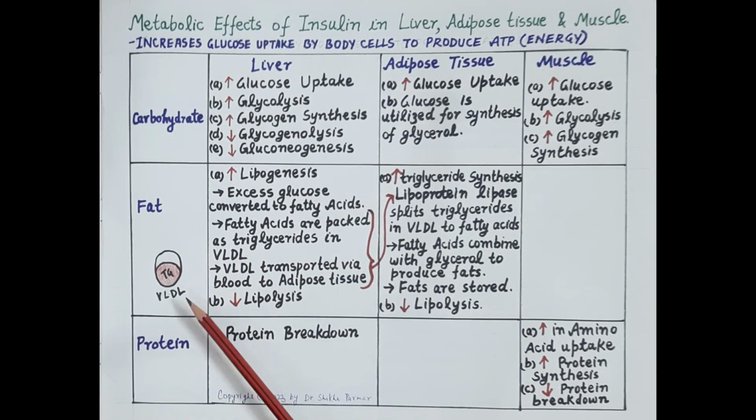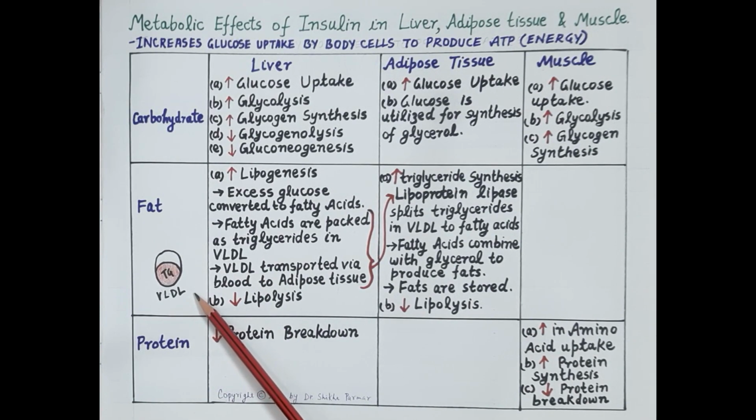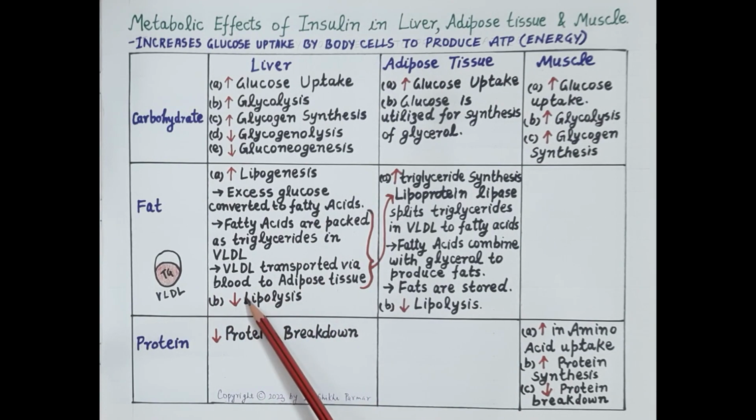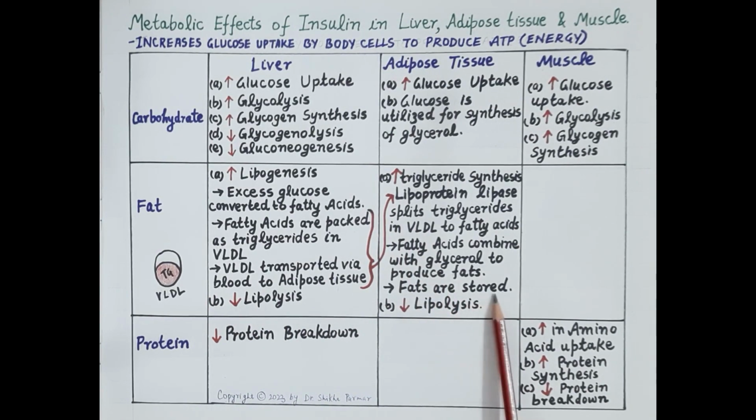That is, VLDL are synthesized by the liver. So, these VLDL that are synthesized by the liver are transported via the blood to the adipose tissue. And here in the adipose tissue, these triglycerides are stored as fat.